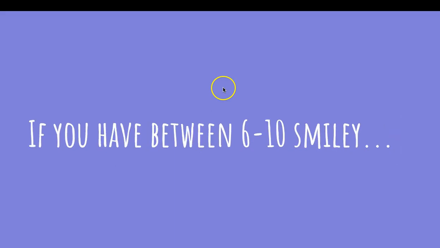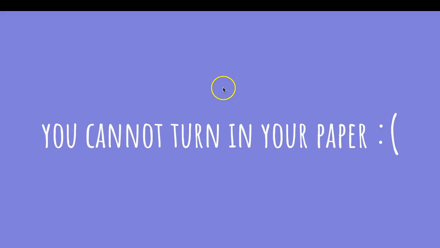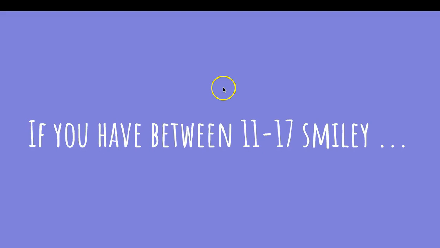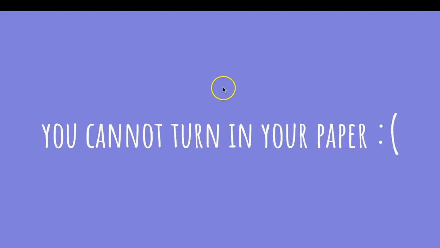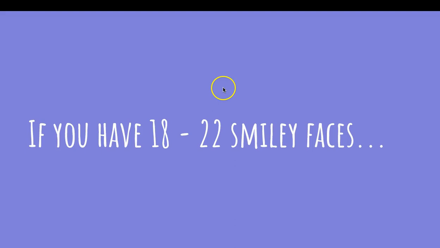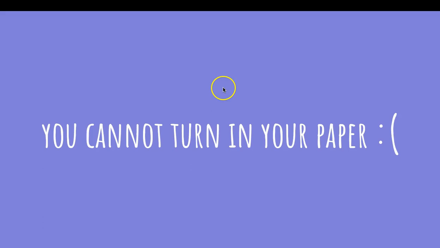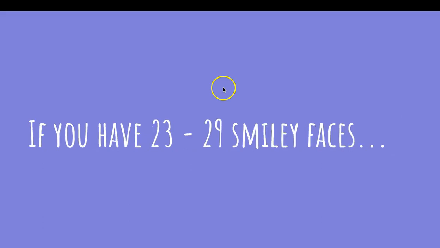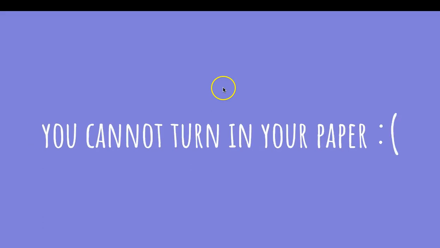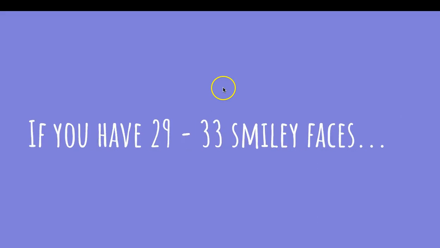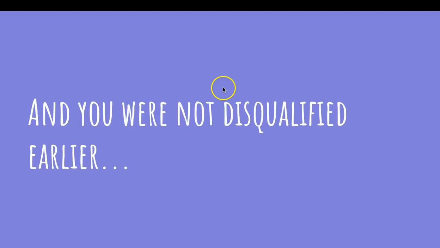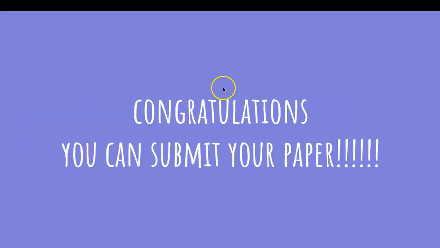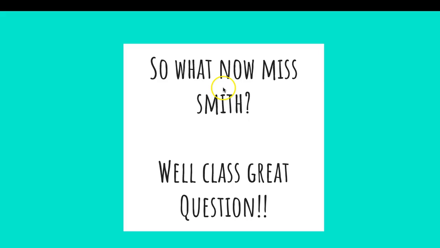If you have between 6 to 10 smiley faces, you cannot turn in your paper. If you have between 11 and 17 smiley faces, you cannot turn in your paper. If you have 18 to 22 smiley faces, you cannot turn in your paper. If you have 23 to 29 smiley faces, you cannot turn in your paper. If you have 29 to 33 smiley faces, and you were not disqualified earlier, congratulations, you can submit your paper.